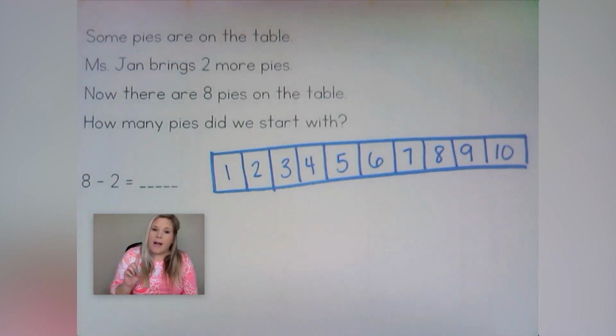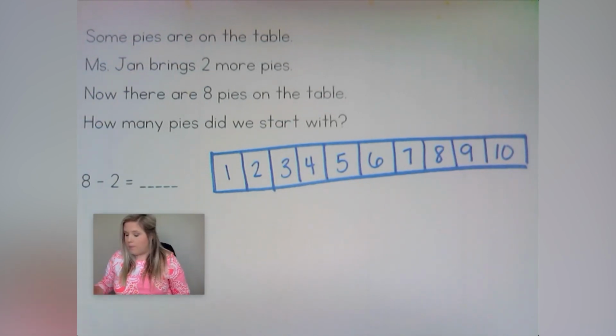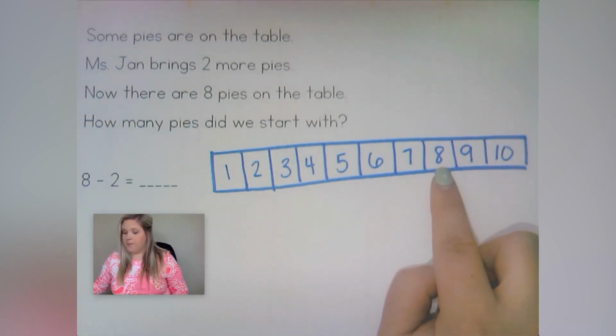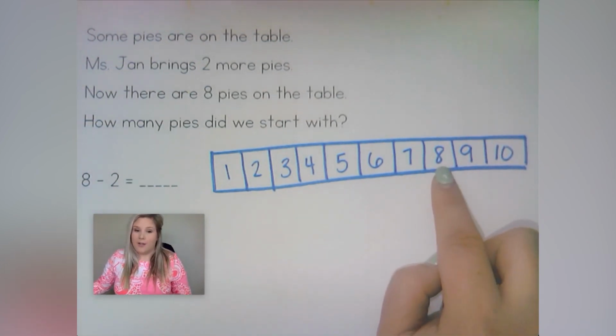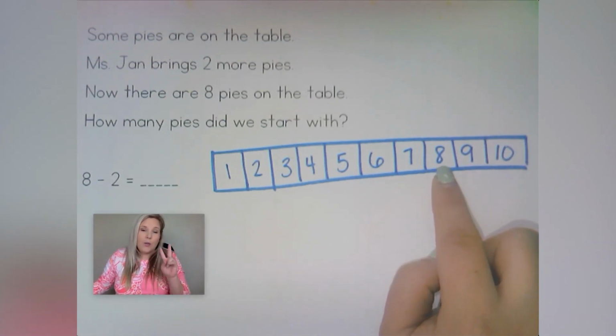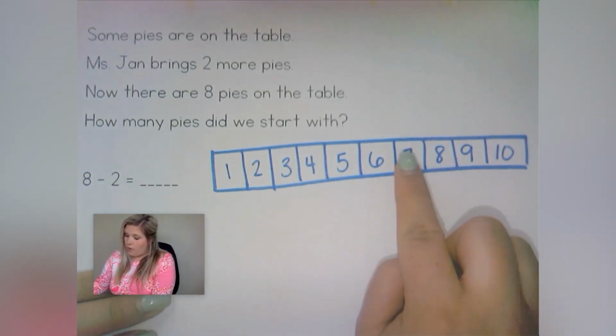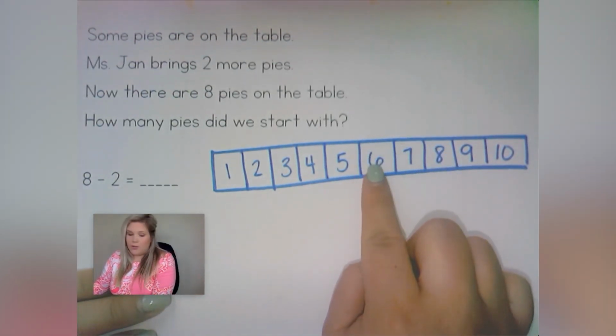This time, I am going to start at the number 8. I want you to follow along with me. Touch the number 8 on your number path, because there are 8 pies on the table. Next, I'm going to count back 2 pies from the number 8 because we know that Jan brought 2 pies. 1, 2.